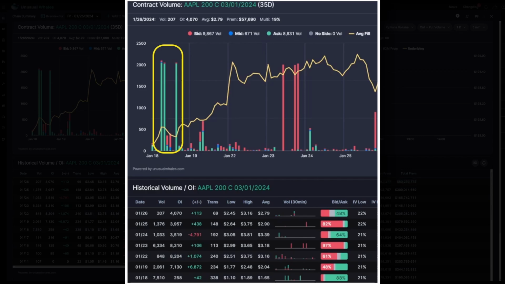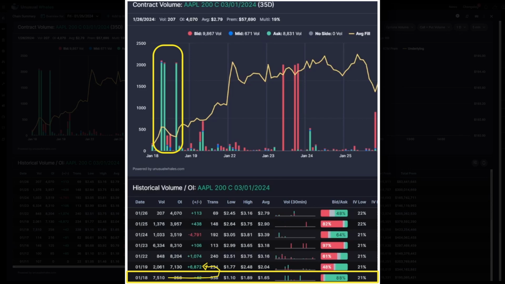And if you look down in the historical volume and open interest chart below that, you can see that we had an entry on January 18th, where 7,500 volume transacted and 6,800 carried over into open interest the next day. All of that transacted ask side or at the ask.